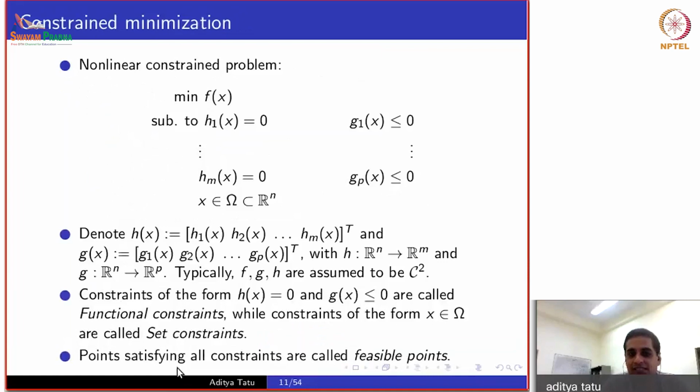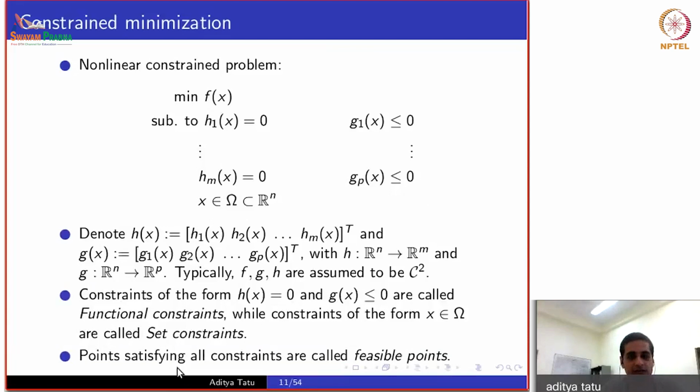Let's look at constrained minimization, which has found several applications in shape modeling, geometry processing, machine learning, image processing, etc. So again, just to get you back to where we were, this is how a non-linear constrained optimization problem would look.